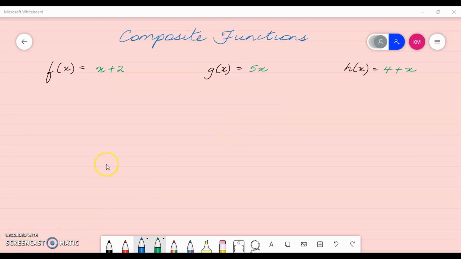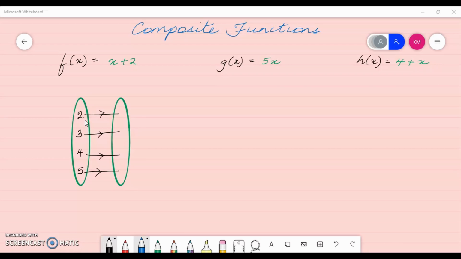Now, let's do a quick review on how to find your range elements given your function and your domain elements. Let's say we have our domain as 2, 3, 4, and 5.